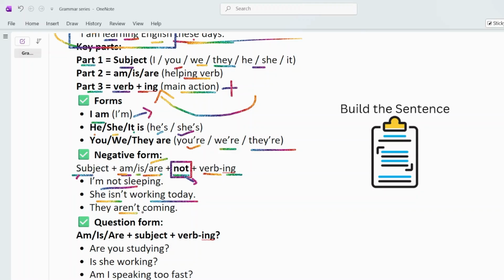They are not coming today. It can be any time frame. They are not coming. So you need to understand that not can also be used in the present continuous tense.